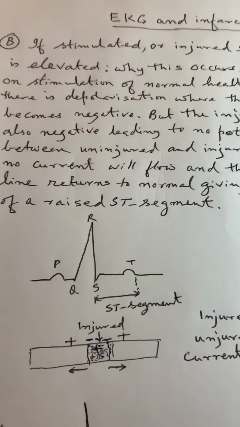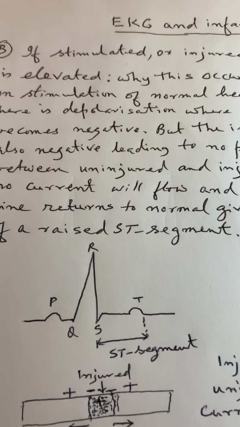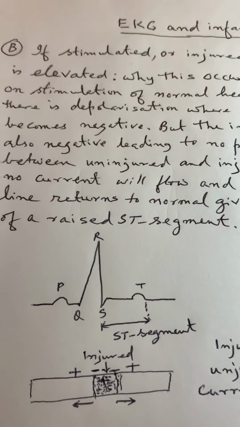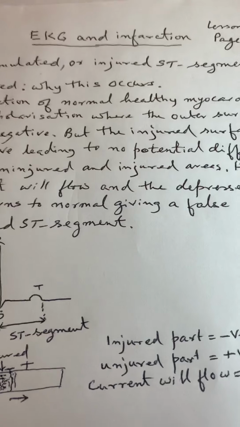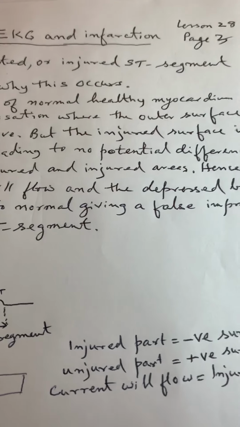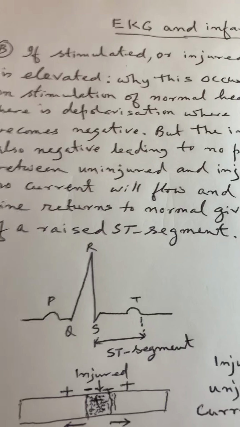Now, if the coronary blood flow is severely compromised and the myocardium is injured, then the ST segment is elevated.